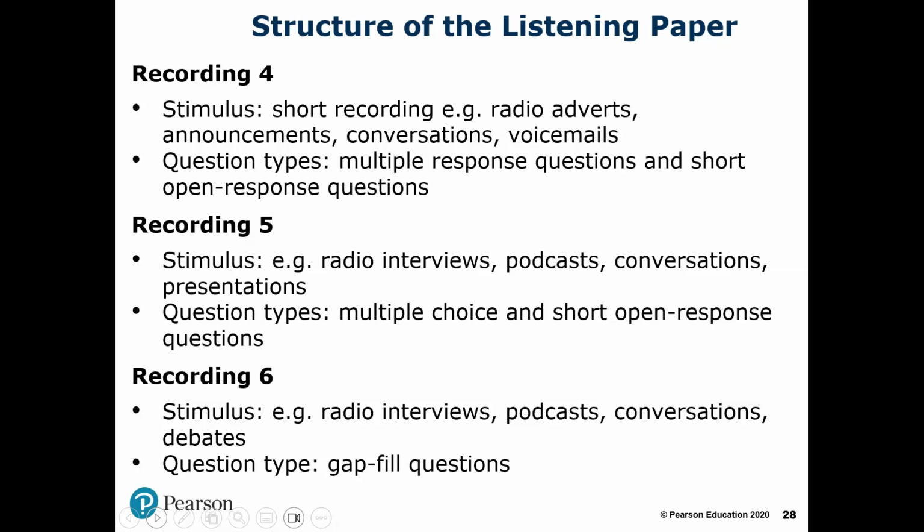So here we're going to see multiple response. That's those 3 option multiple response, tick 3 box questions that we saw in question 2, and short open response questions. In common with what we said about reading, the responses can be very brief, and we certainly don't need full sentences.